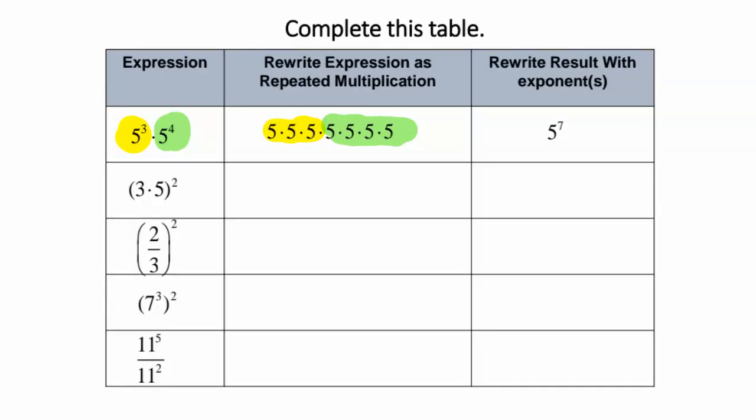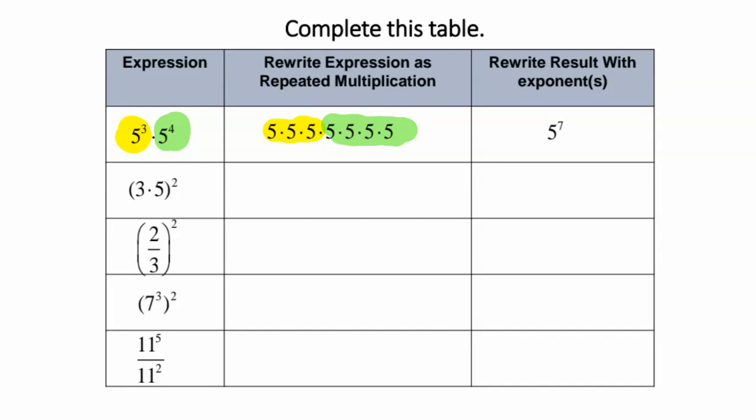In the last column, how many 5s did I write in column 2? I wrote 7. That's why the result is 5 to the 7th power. This is where you have to understand what it's saying.